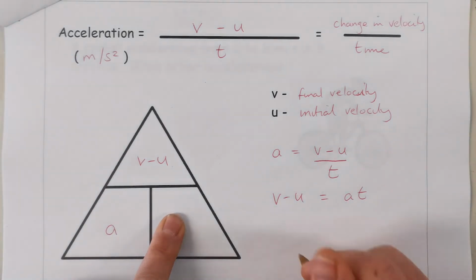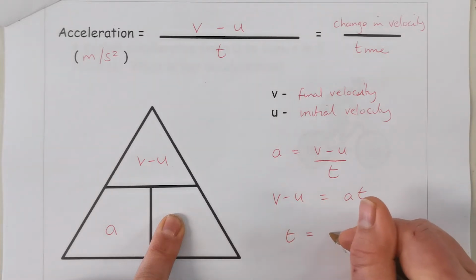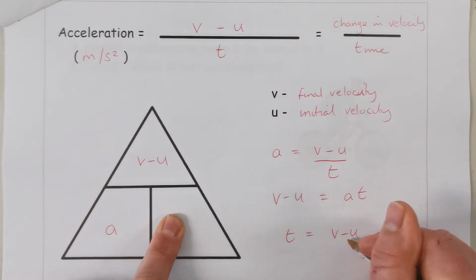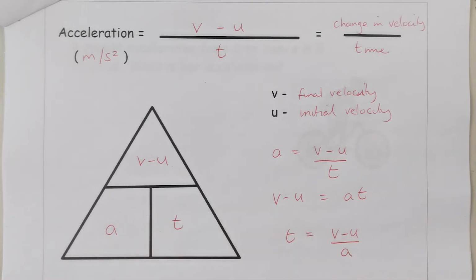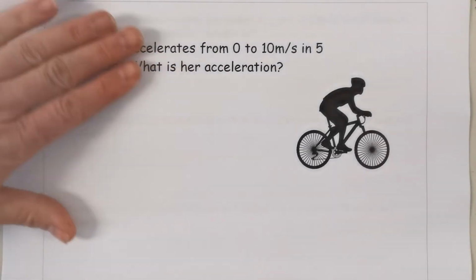And we can also make T equals V minus U over A. You will not be given this on the data sheet, so this is an equation that you do need to learn.